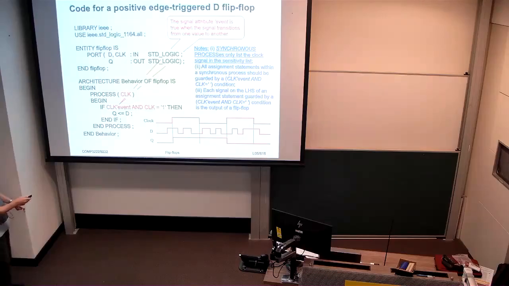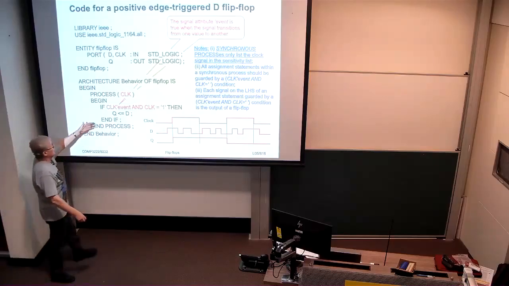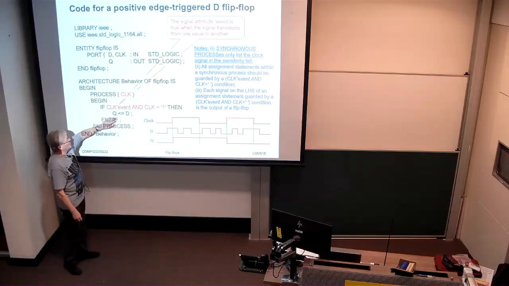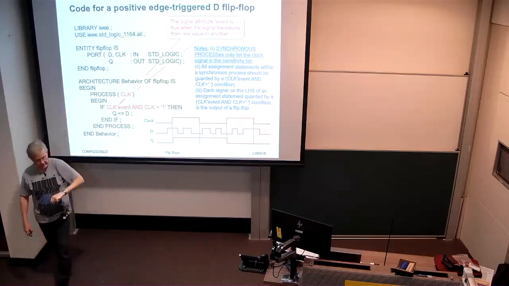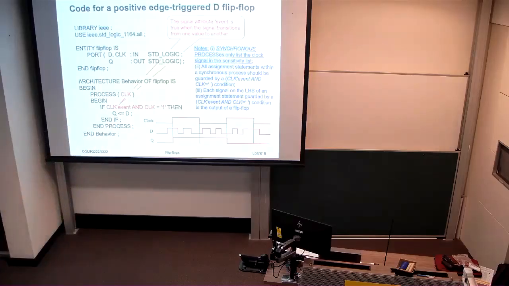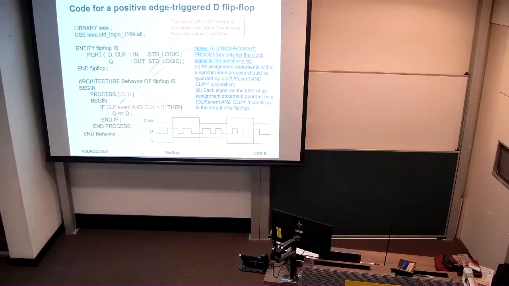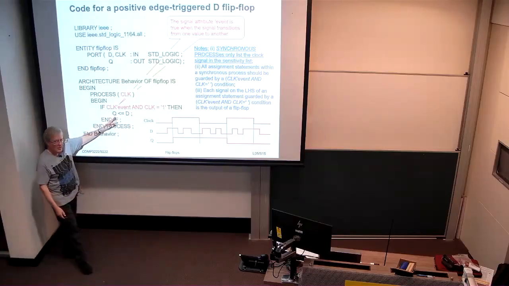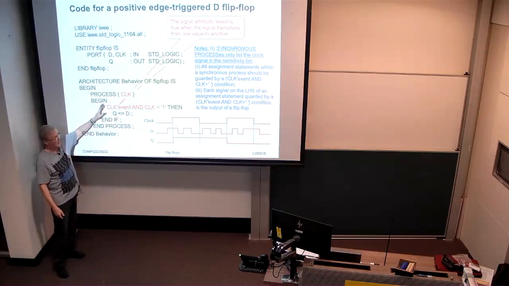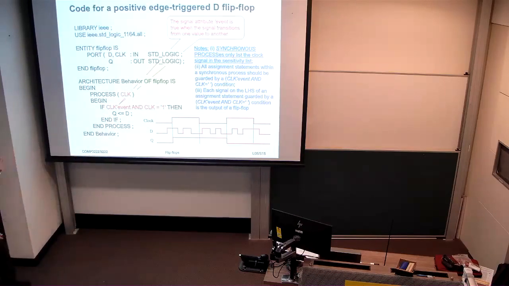Secondly, all assignment statements within the synchronous process should be guarded with a clock tick event and clock equal 1 if it's positive edge triggered. If it were negative edge triggered, you want clock tick event and clock equal 0, obviously. And then finally, each signal on the left-hand side of an assignment is then the output of a flip-flop. Okay, so those rules you need to remember for how to specify a flip-flop in VHDL. Are there any further questions on this before I move on?